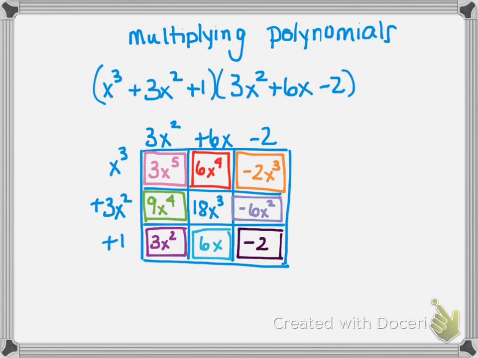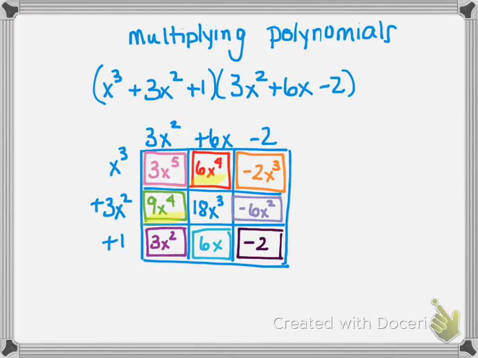So I really want to work on looking at any like terms in here, and I notice that I have an x to the 4th and an x to the 4th.